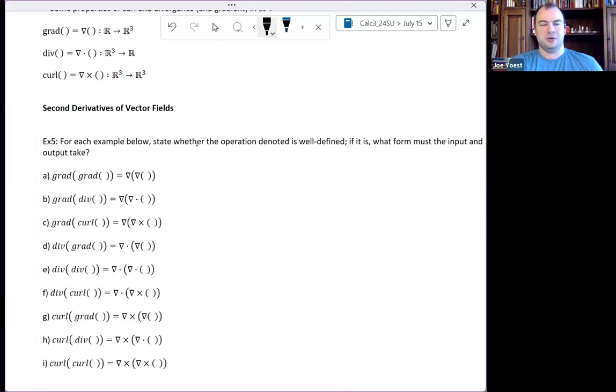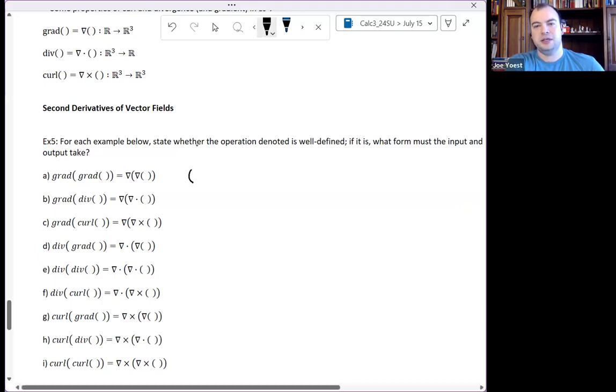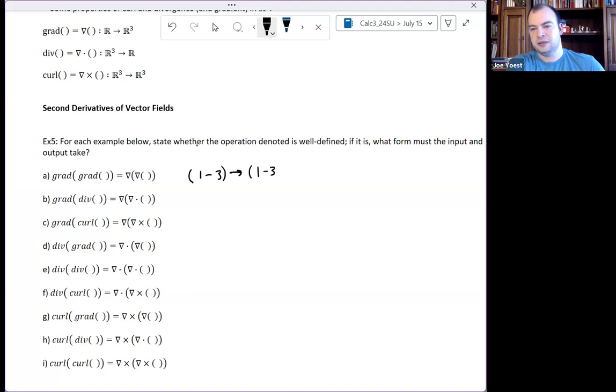Does it make sense to take the gradient of a gradient? Well, the input is a gradient, which goes from 1 to 3 dimensions. And I'm trying to plug that into something that wants to take as its input a one-dimensional. So do these inner dimensions match up? Well, no, they don't.